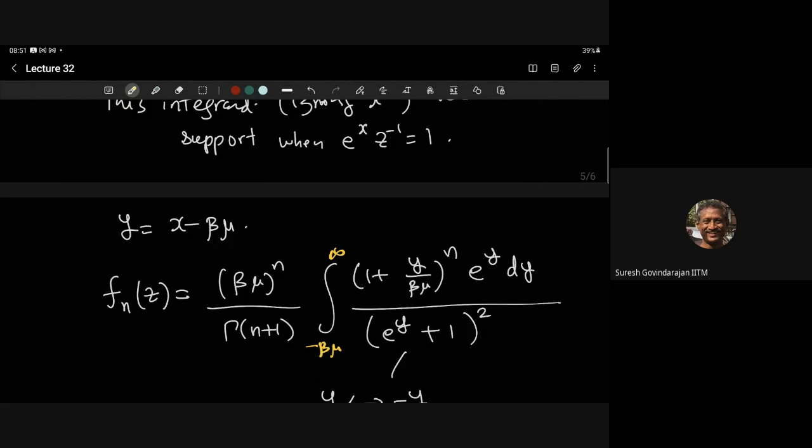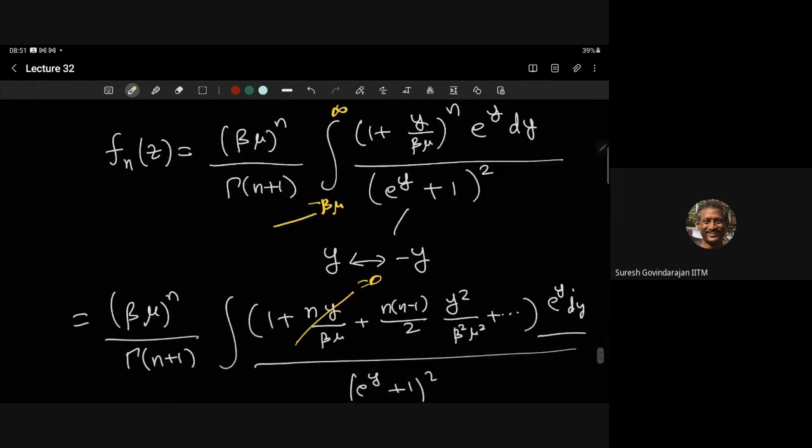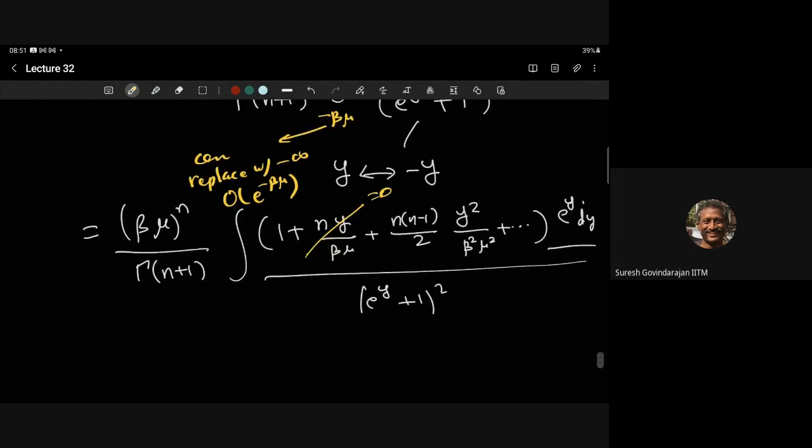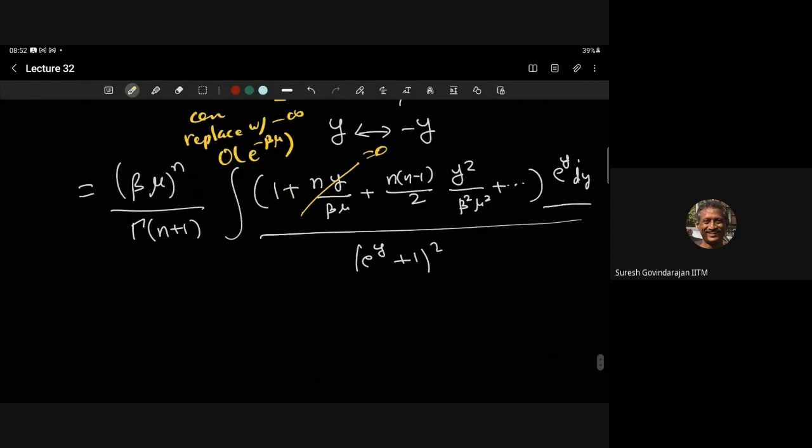So I can replace this limit with minus infinity, and add order e to the power minus beta mu, meaning we are throwing away terms of that order.